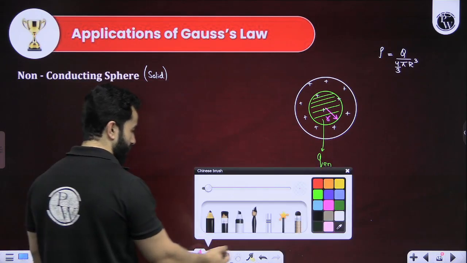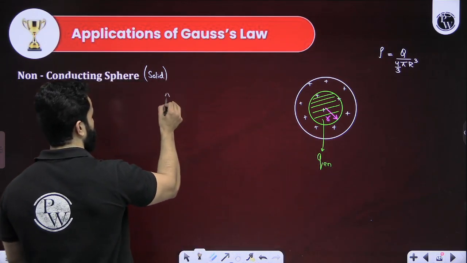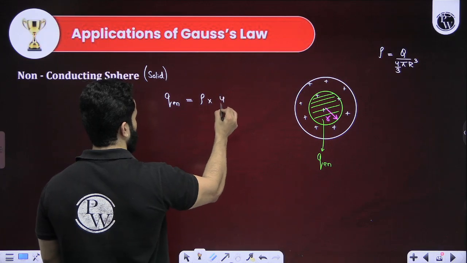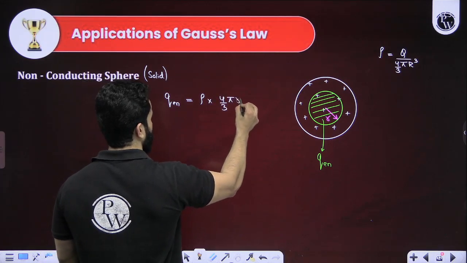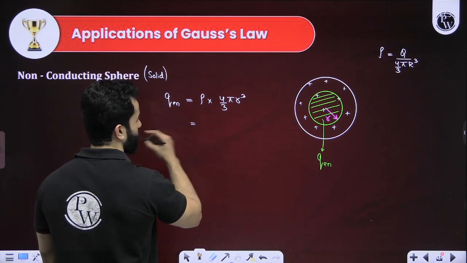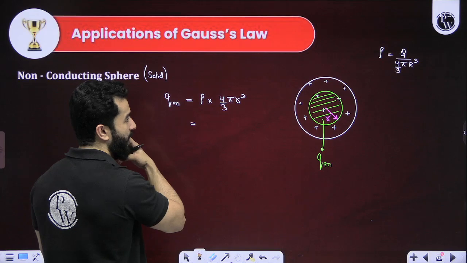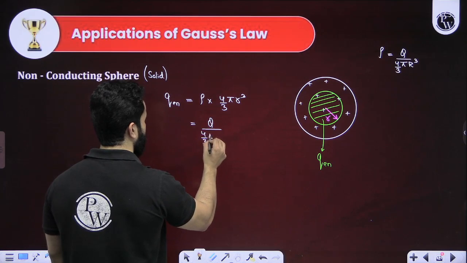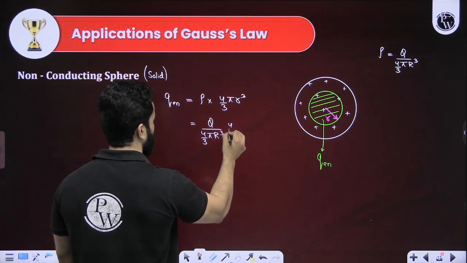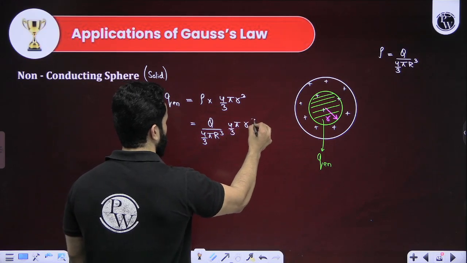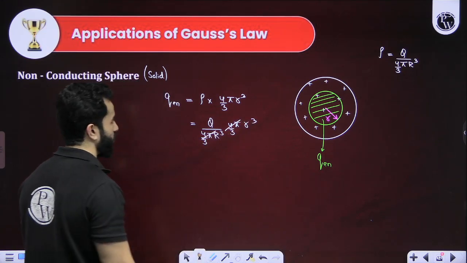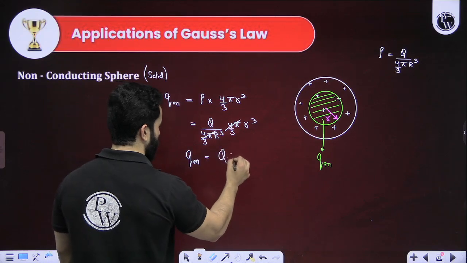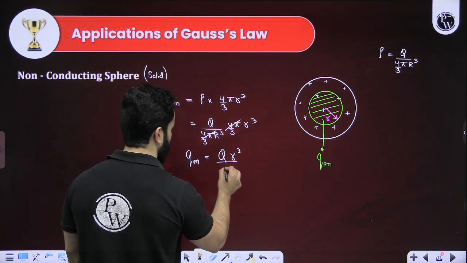So the enclosed charge will be equal to the density multiplied by the volume, 4 by 3 pi r cube. Density is charge upon 4 by 3 pi into capital R cube, times 4 by 3 pi into small r cube. So 4 by 3 pi can be cancelled out. So Q enclosed comes as capital Q small r cube divided by capital R cube.